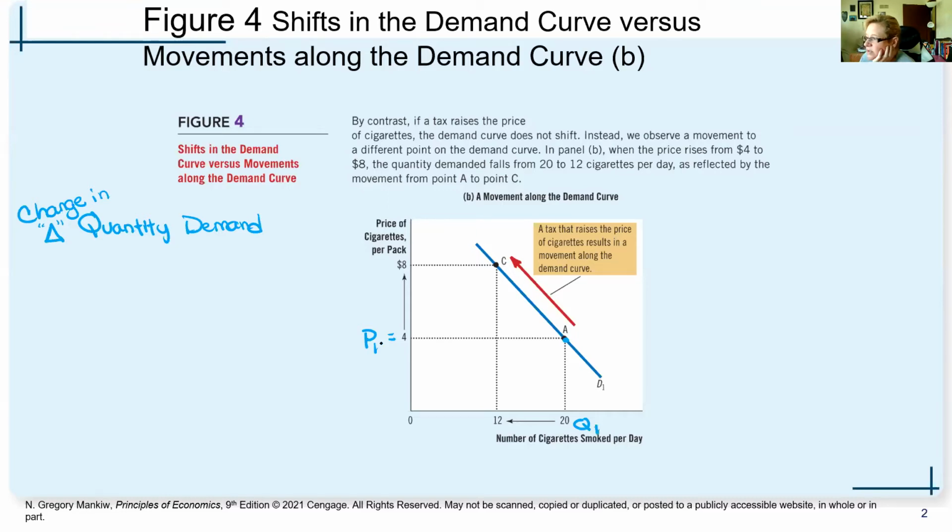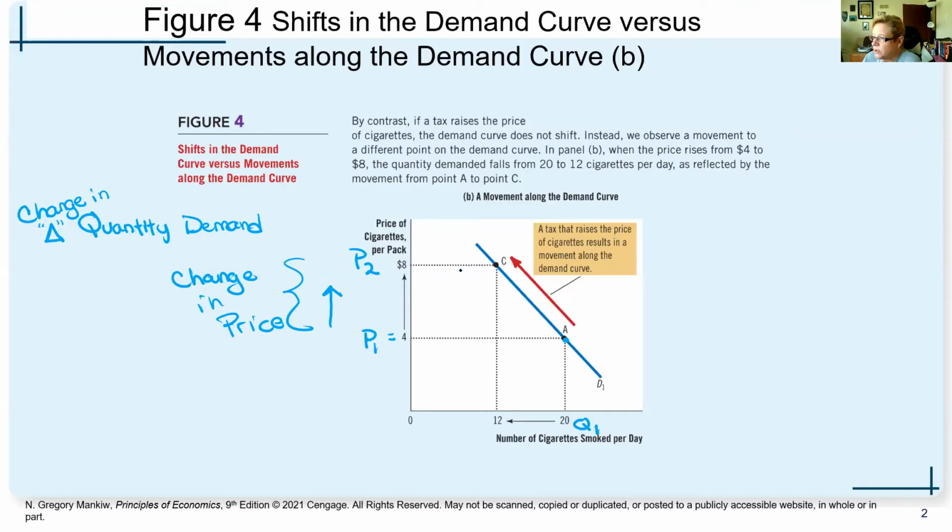All right. So at a price of $4, we have a quantity demanded of 20. The price is going to change, right? The price here is increasing. It's doubling to $8. So this is P2. See the change in the price?